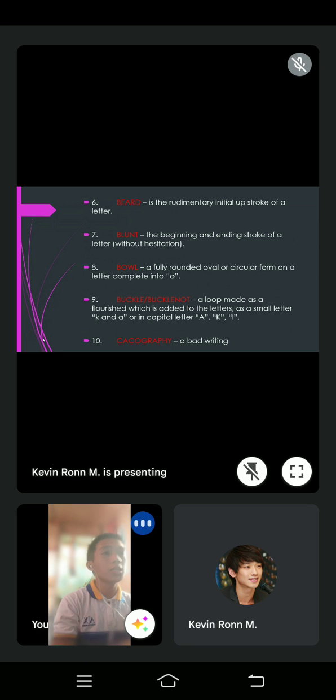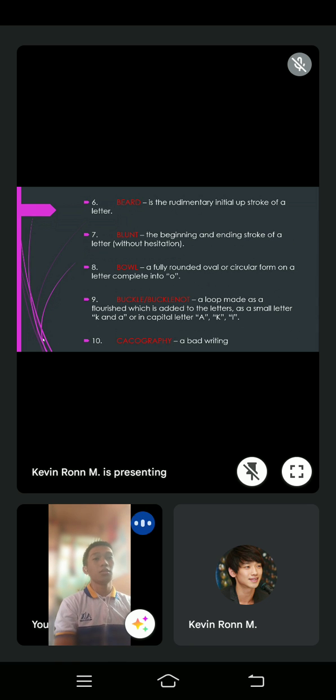It is the rudimentary initial upstroke of a letter. So that is bird. Number 7 is blunt. What is blunt? The beginning and ending stroke of a letter without hesitation. That is blunt.